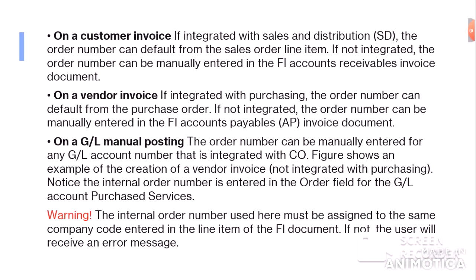The figure shows an example of the creation of a vendor invoice not integrated with purchasing. Notice the internal order number is entered in the order field for the GL account purchased services. Here we have a warning. The internal order number used here must be assigned to the same company code entered in the line item of the FI document.